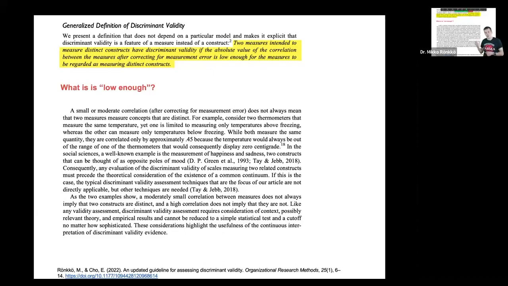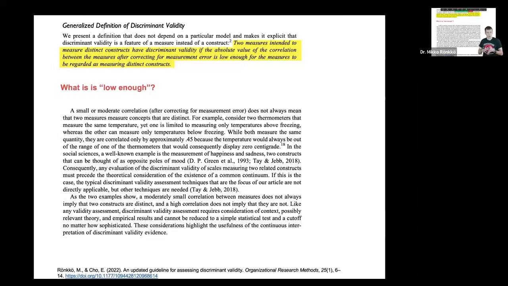So a low correlation, on the other hand, does not mean that two distinct things are being measured. And this is important to understand, that discriminant and convergent validity always have to be evaluated in context. So there's no rule that says that if your items correlate at 0.8, then you have convergent validity, and if they correlate at less than 0.8, you have discriminant validity.